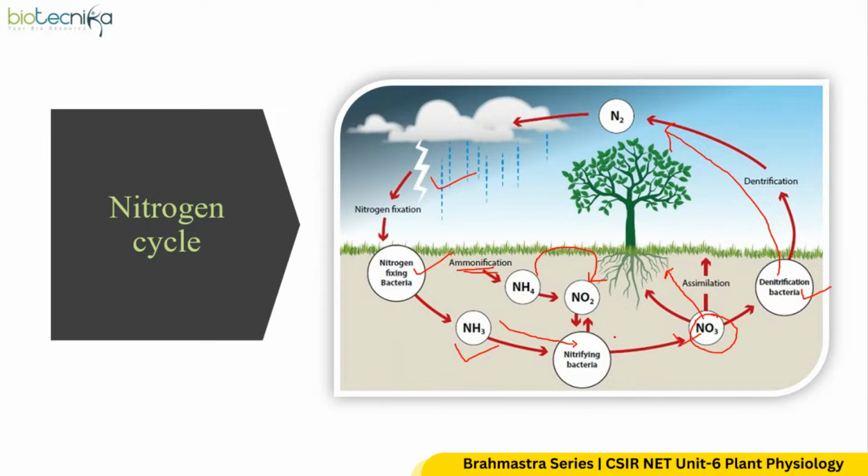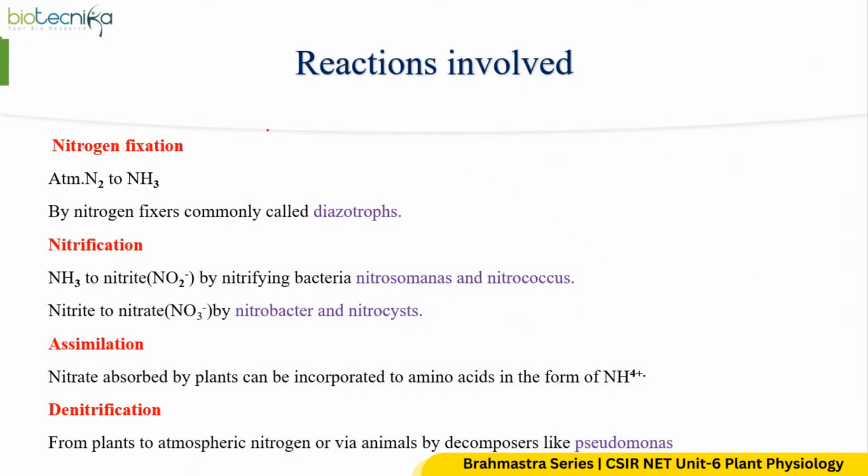Basically, ammonia is also used directly by the plants, by conversion into amino acids, and nitrate is directly utilized. So if you see the steps involved here, nitrogen fixation involves conversion of nitrogen to ammonia, which is carried out by nitrogen fixers that we call diazotrophs.